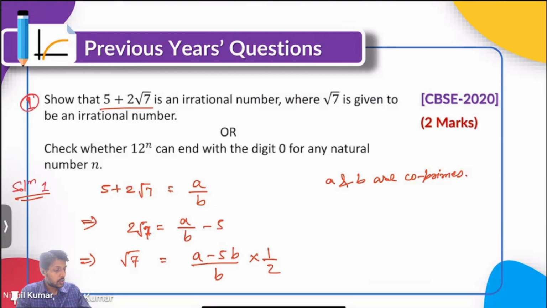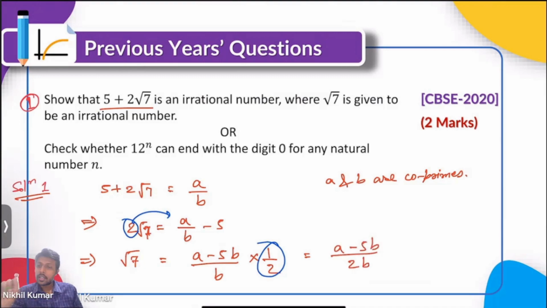If this 2 moves to the other side, it goes into the denominator. Now if you look at this, you'll see A minus 5B upon 2B. A and B are co-primes, but they are integers, right? These are integers.